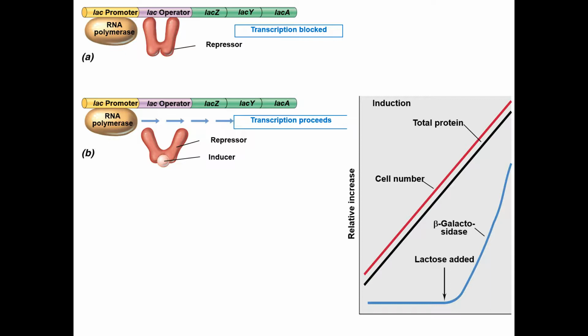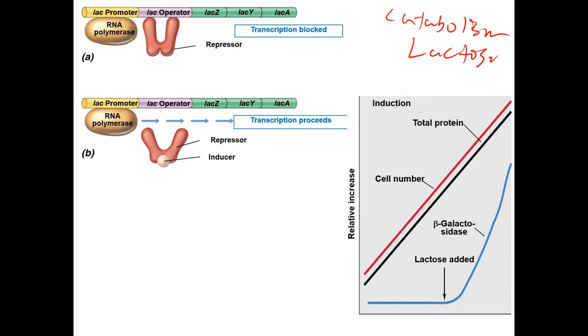This requires that lactose be present in the media or in the environment, and that the bacterial cell is taking up the lactose. So here you're looking at the metabolism of lactose, a series of genes involved in the catabolism of lactose. If you look at the graph, you have the relative increase on the y-axis and on the x-axis the particular sugar being added.